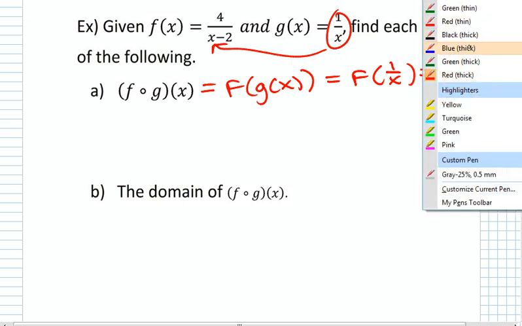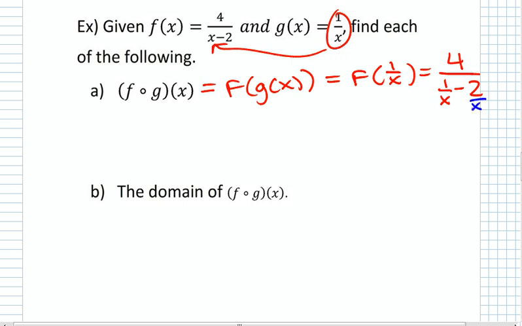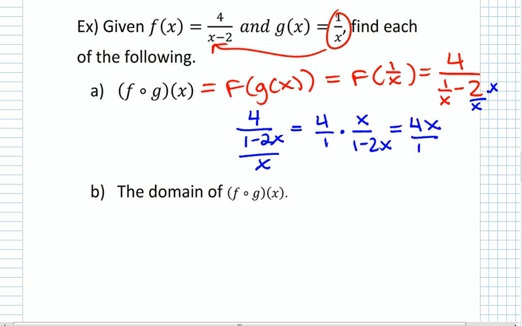So notice to get a common denominator here, I need the common denominator of x, so I multiply both those by x, so I get 4 over (1 minus 2x) over x. Remember, when you're dividing fractions, you multiply by the reciprocal. So the reciprocal of (1 minus 2x) over x is x over (1 minus 2x). Multiply across, and that is your f of g of x.